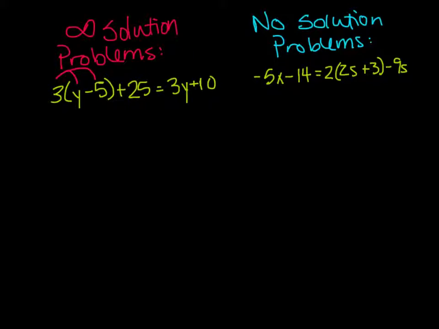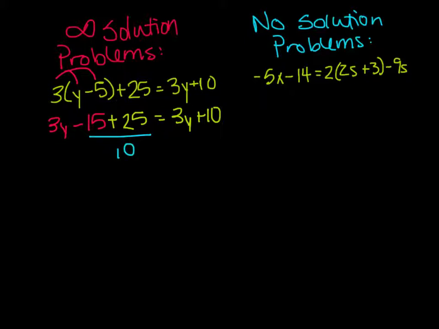Using the distributive property, we have 3y minus 15, and we continue to have plus 25 is equal to 3y plus 10. Then let's combine like terms. Negative 15 plus 25 gets us a positive 10. So we have 3y plus 10 is equal to 3y plus 10.